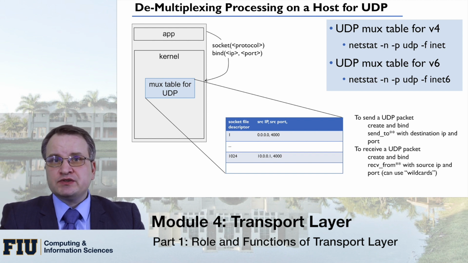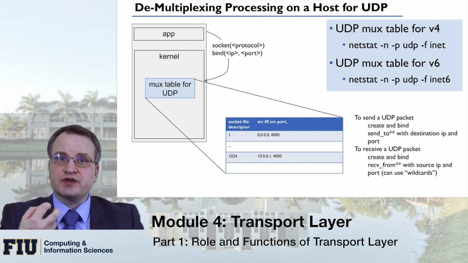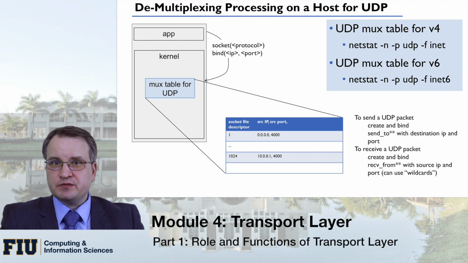One thing that I would like to note here is this special 0.0.0.0 address. This is not a real IP address, but rather a wildcard that you can specify to tell the system that you would like to listen for or receive packets on any IP address that your system has. This was actually a requirement for project 1, and not everybody went with it, but it's also a requirement for project 2.